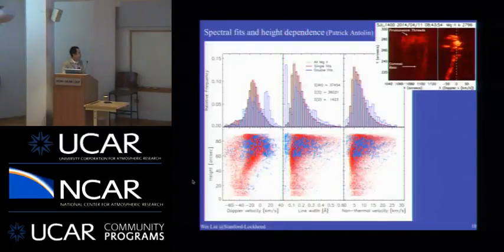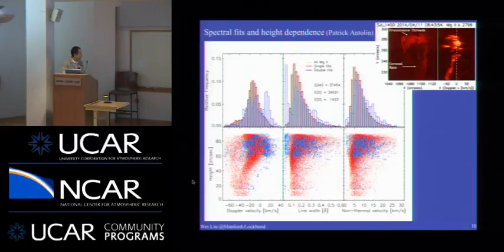Patrick Antolin did automatic spectral fits, about 30,000 of them. Basically, what we show here is the Doppler velocity histogram, line width, and non-thermal velocity. Another interesting thing is to plot those fits as a function of height.